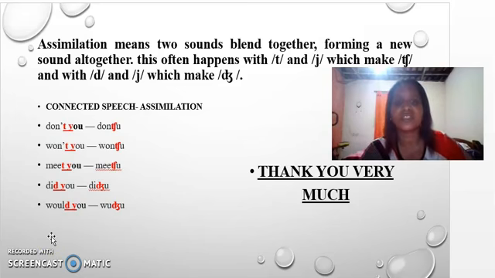This often happens with T and Y, which make CH, and with D and Y, which make J. For example: don't you, won't you, meet you, did you, would you.